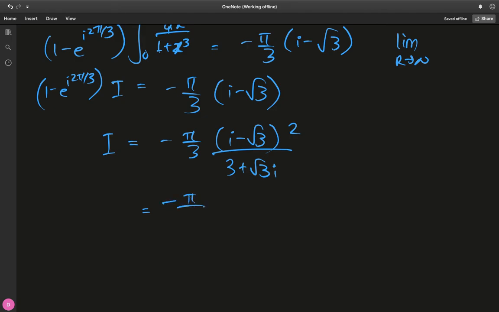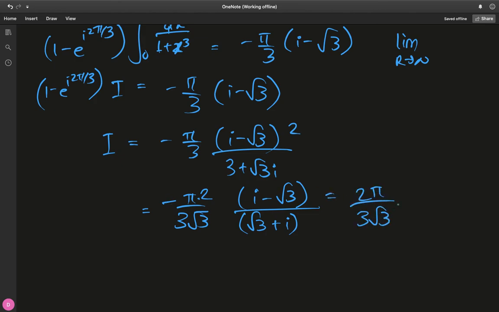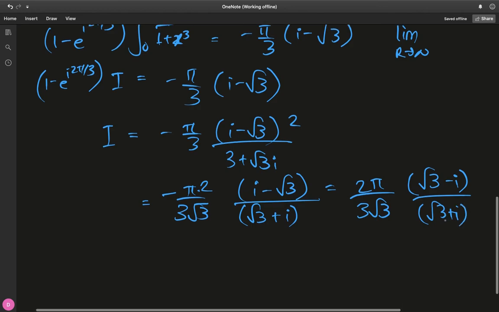So it's minus pi over 3 root 3 times basically this 2 that we had, and we have i minus root 3 divided by, we pulled out a root 3, so root 3 plus i. Take the negative to flip everything, so we have 2 pi over 3 root 3 times square root 3 minus i divided by square root 3 plus i.